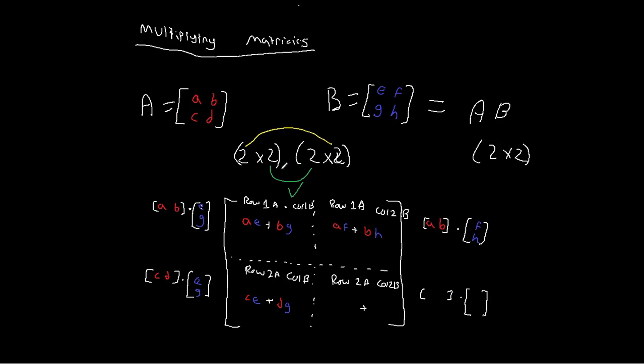Row 2 of A is going to be C, D, and column 2 of B is going to be F, H. And we know how to do this. This is going to be C times F plus D times H.